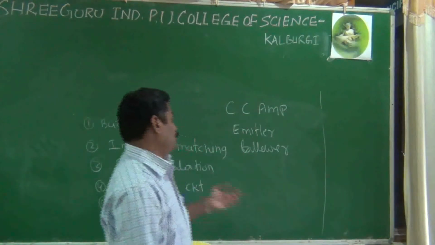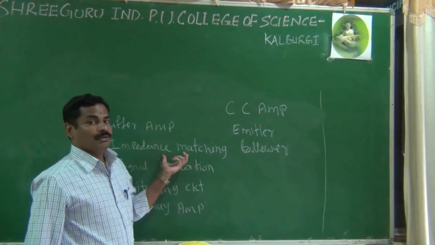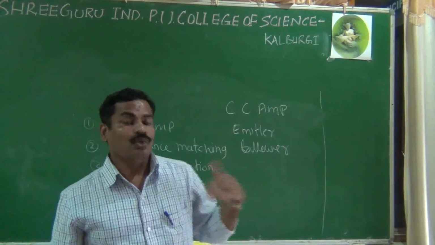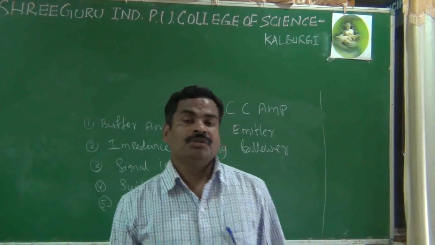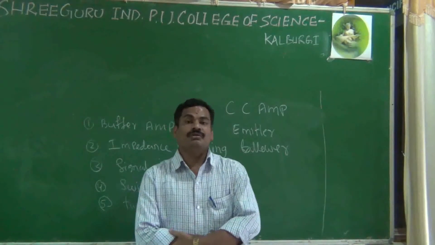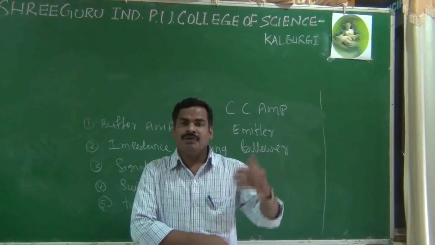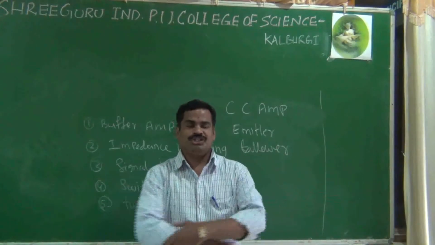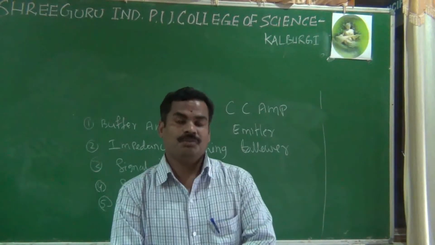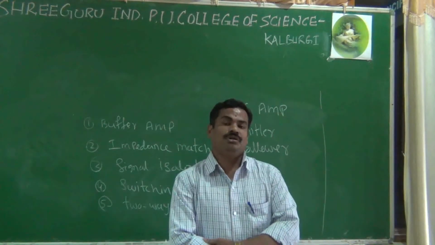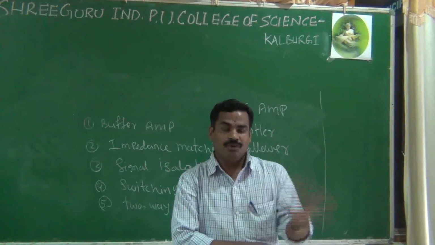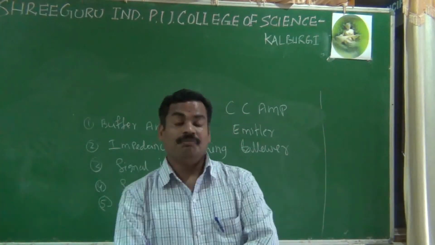It means in your common collector amplifier, the emitter voltage follows the base voltage, or you can say the output voltage follows the input voltage.